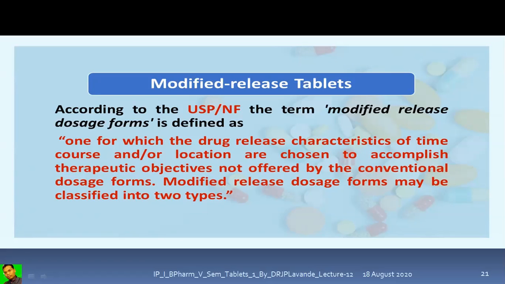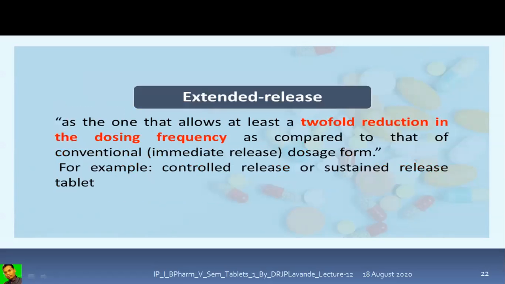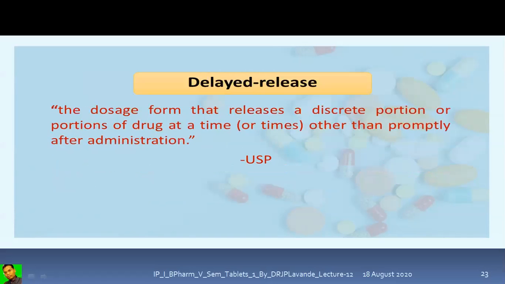It is one for which the drug release characteristic of time course and/or location are chosen to accomplish therapeutic objectives not offered by the conventional dosage form. The modified release dosage forms may be classified into two different types. What are these? These are the extended release and the delayed release.